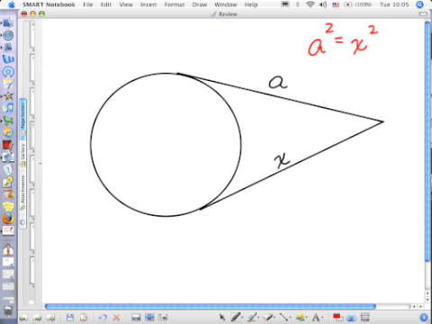We also know something else. If a line is tangent to a circle, then what's its relationship to the radius of the circle at the point of tangency? It forms a right angle. And here we form a right angle. Okay, that was another thing that we talked about with the circles.